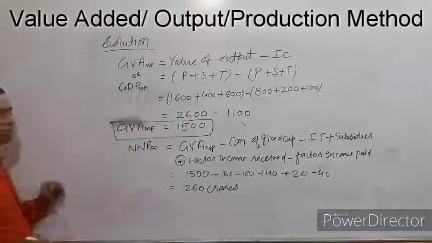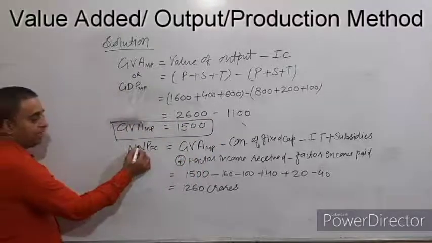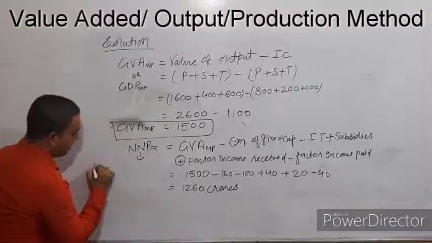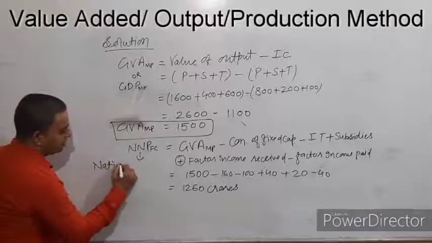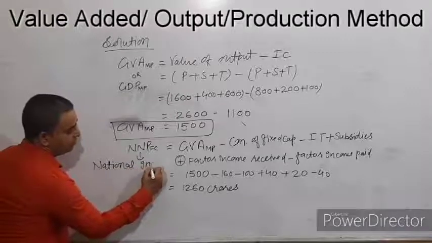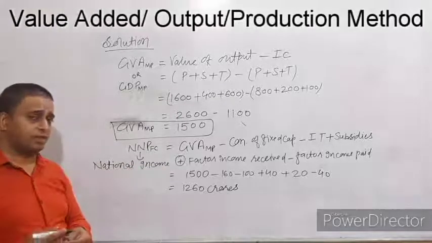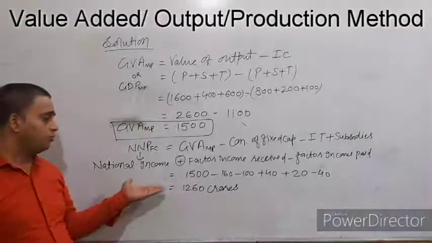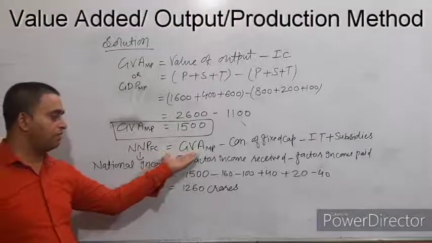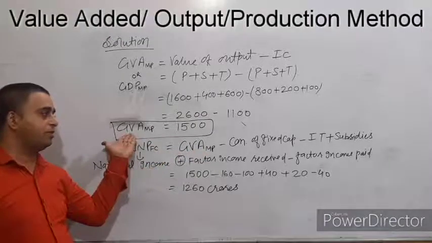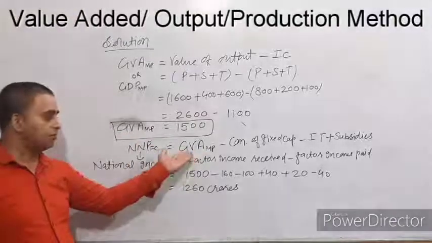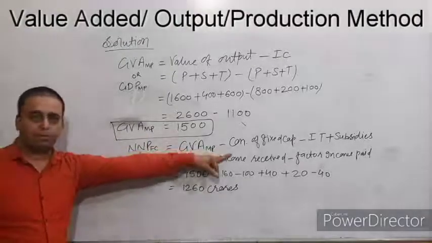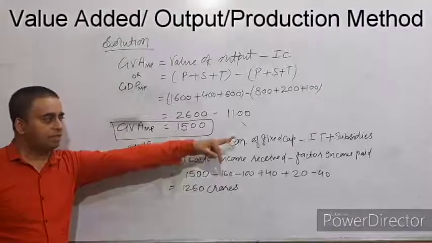Right? Next we want to calculate NNPFC. What is the meaning of NNPFC? It is our national income. We want to calculate national income. So first of all we have to calculate GVAMP, which we have calculated. What is the another name of GVAMP? GDPMP. Next, consumption of fixed capital is given.